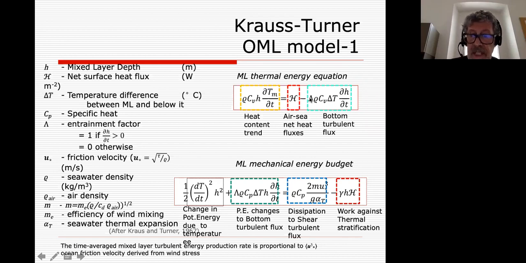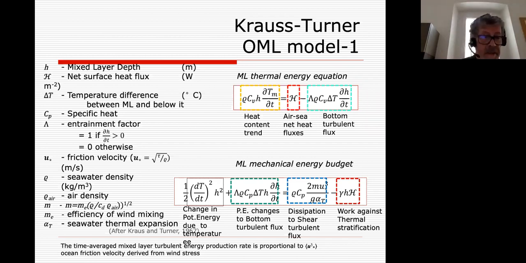We can detect again the same kind of bottom turbulent flux as we parameterized in the thermal energy equation, but this is integrated all over the water column and again depends on the entrainment factor. Again, this will be positive if we have this potential energy input due to the bottom turbulent flux.